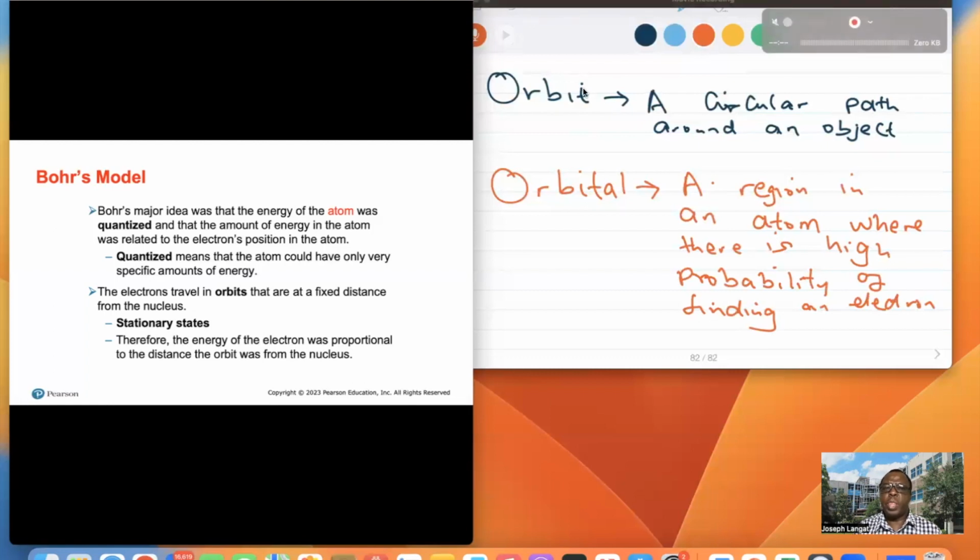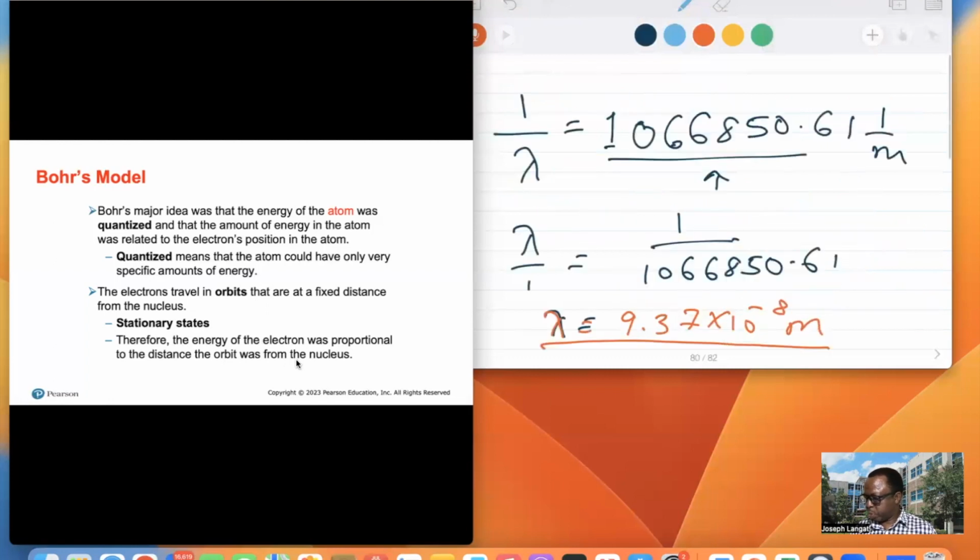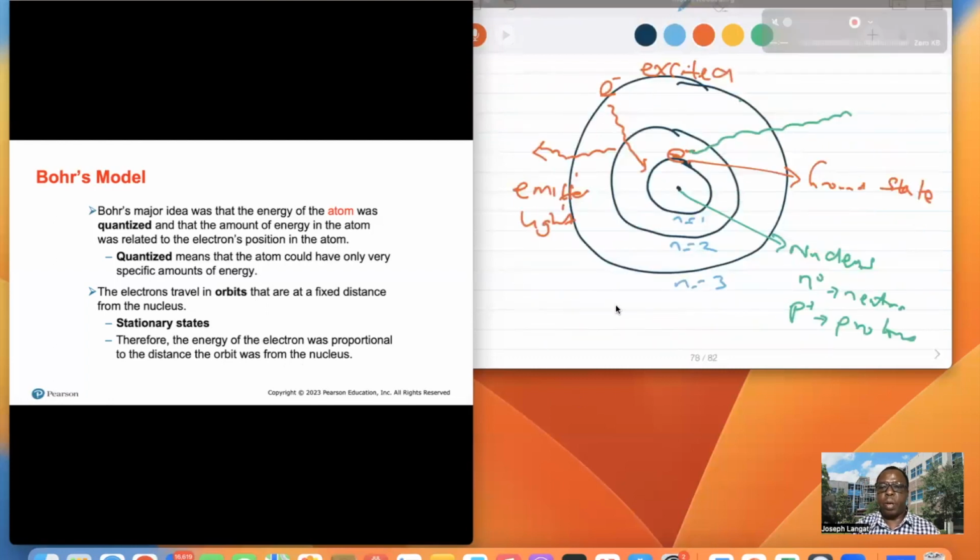Just to compare, the orbit here is a circular path where electrons travel around. They are stationary. And therefore, the energy of an electron is proportional to the distance of the orbit from the nucleus. In other words, if this is the model of a hydrogen atom, an electron in energy level 3 will have a higher energy compared to an electron in energy level 1.